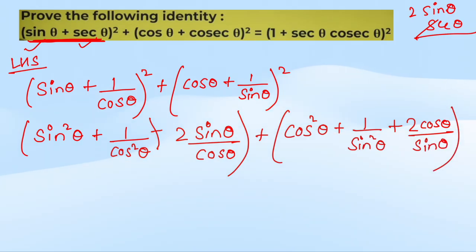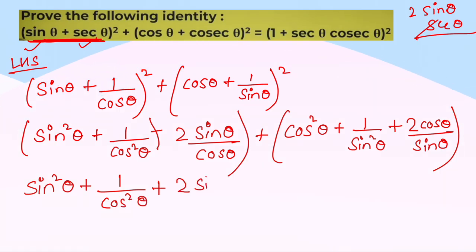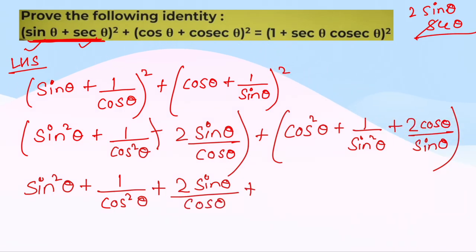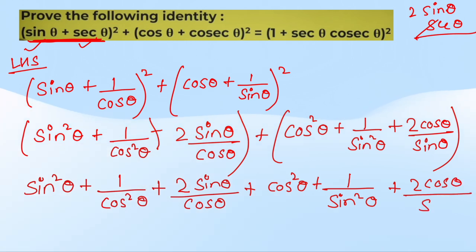Just open them. It will be sine square theta plus 1 by cos square theta plus 2 sine theta by cos theta. Here it will be cos square theta and 1 by sine square theta and 2 cos theta by sine theta. Check out these two terms: sine square theta plus cos square theta.